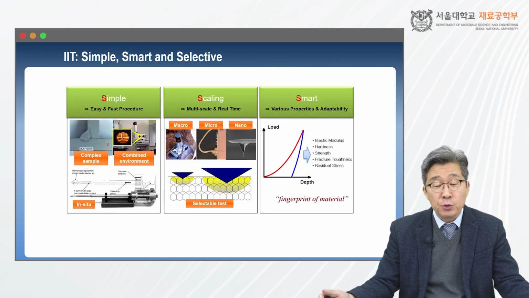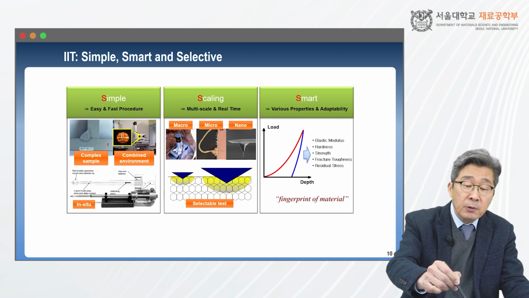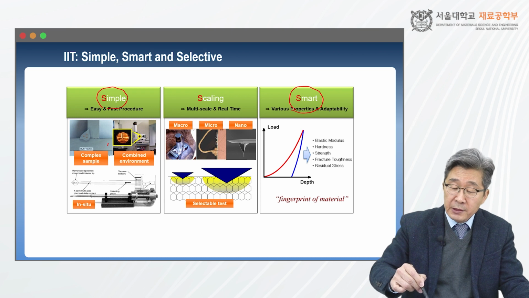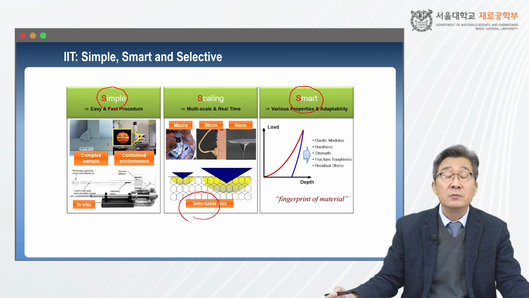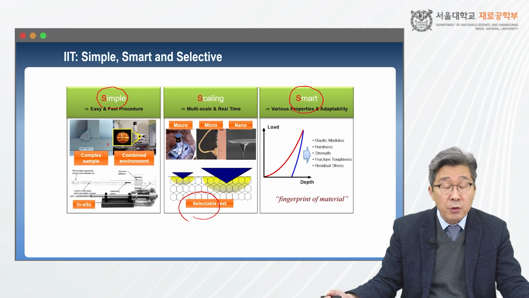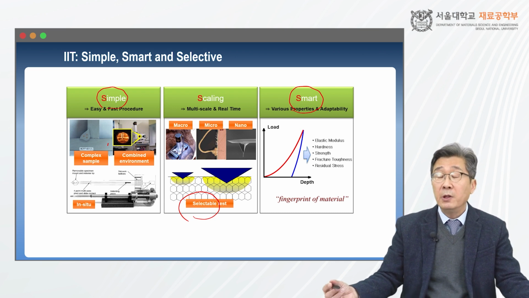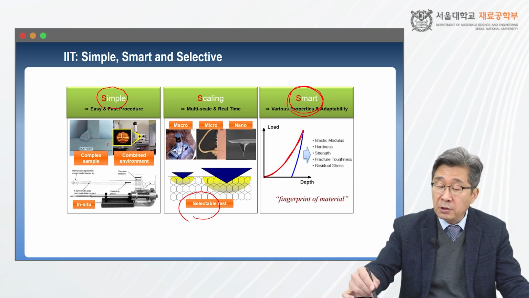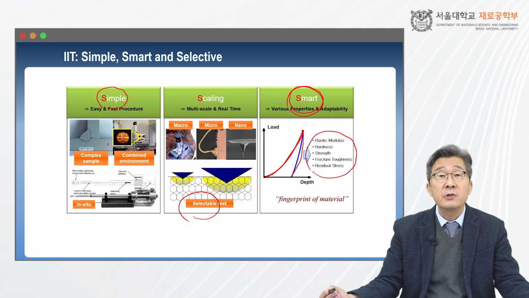Let me say instrumented indentation testing is just simple, smart, and selective. It is simple like a conventional hardness test. However, it is smart because we can get the depth curve. Finally, we end up with very different strength data or even residual stress.